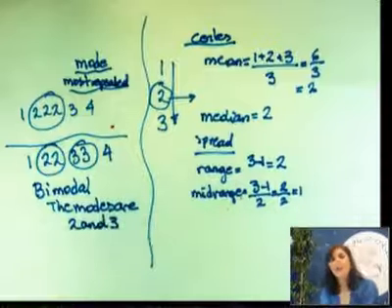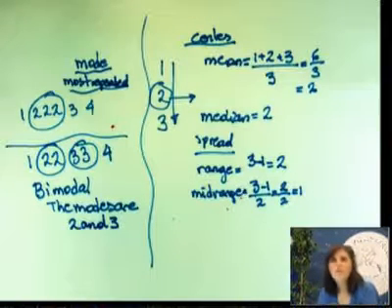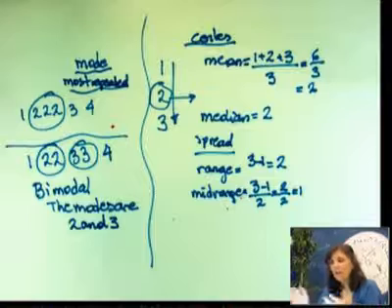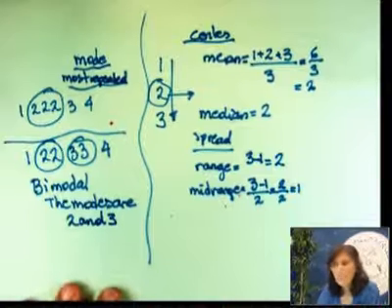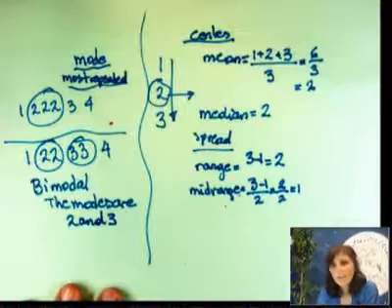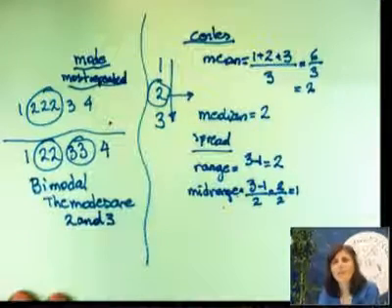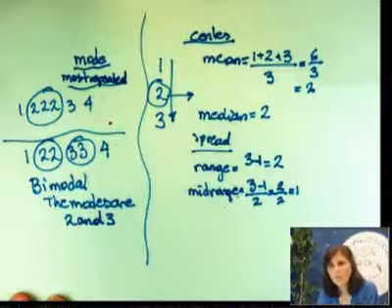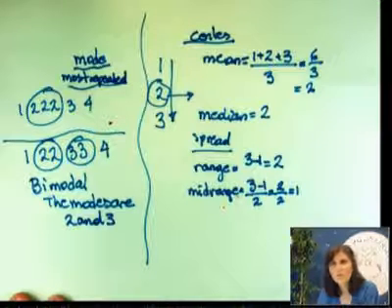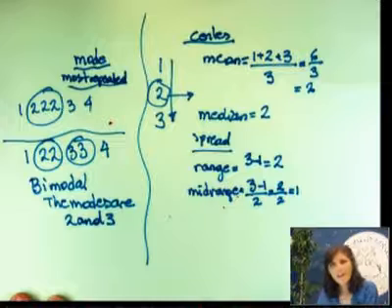Do you see it? If your data has a bunch of repeated values, 2s and 3s, all repeated a bunch of times, maybe you don't have a mode. Usually when you have a mode, the data is kind of attracted to that value. Past the bimodal stage, I would not even worry about the mode. If it's trimodal or quadrimodal, I wouldn't say you even have a mode at this point.